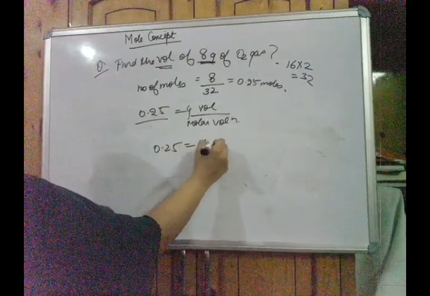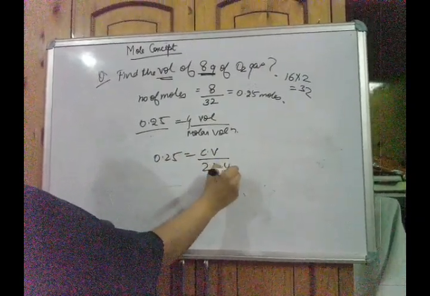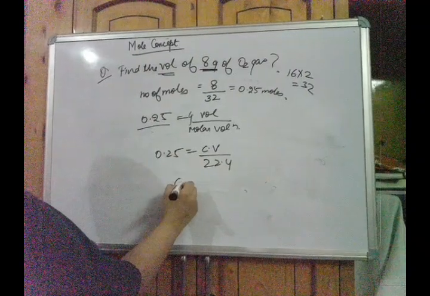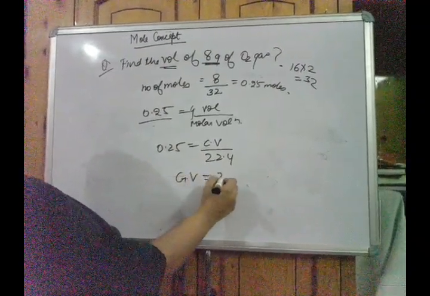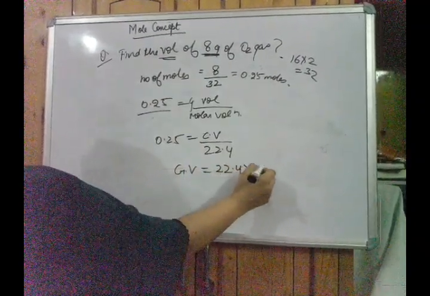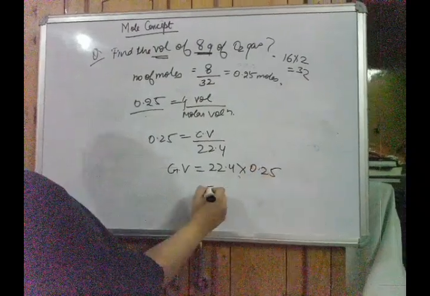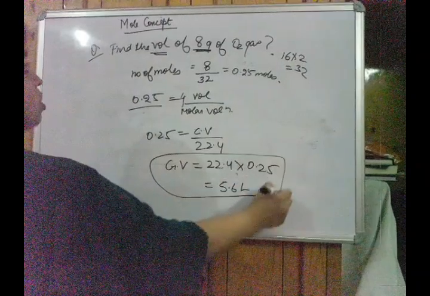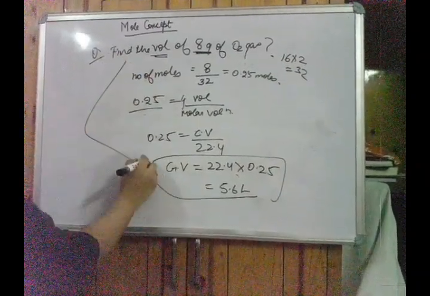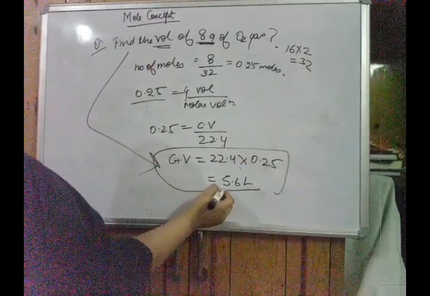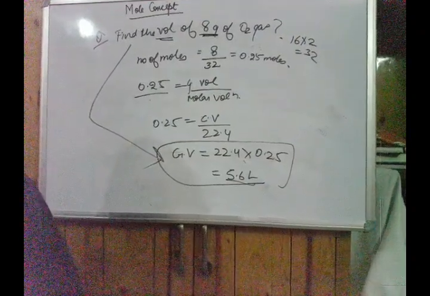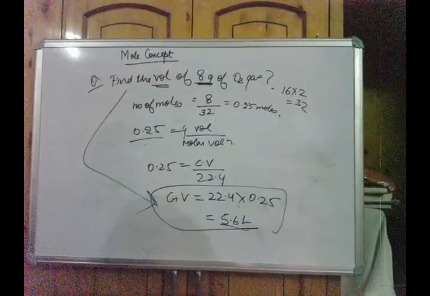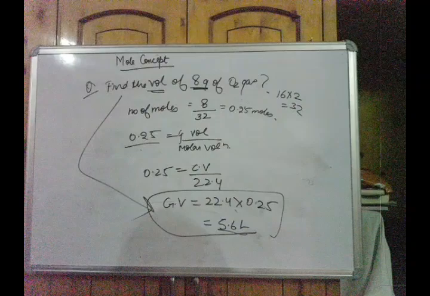The molar volume is 22.4, as we have discussed earlier. So the volume is 22.4 into 0.25, which comes out to be 5.6 liters. So the volume of 8 grams of oxygen gas is 5.6 liters. This was some basic concept on mole concept.